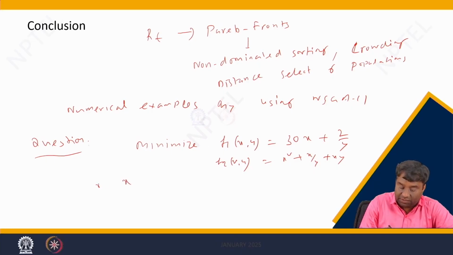Assume x belongs to 0 to 15, y belongs to 0 to 15. So solve this question up to the second iteration.